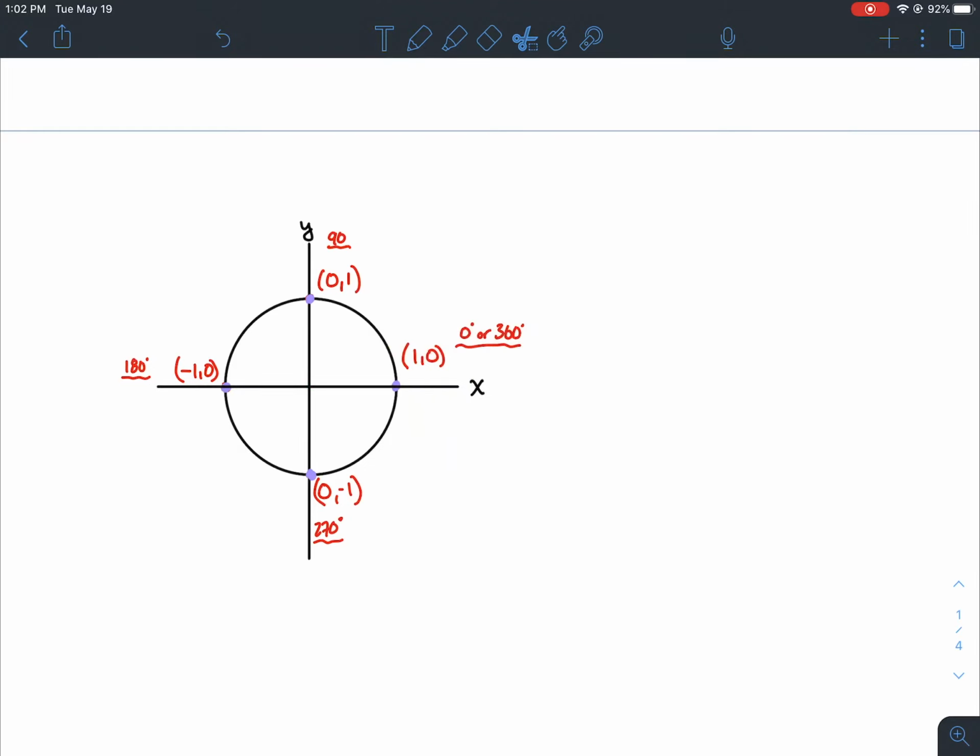Okay, so now we're going to look at cosine. And our cosine of theta is really measuring the base.